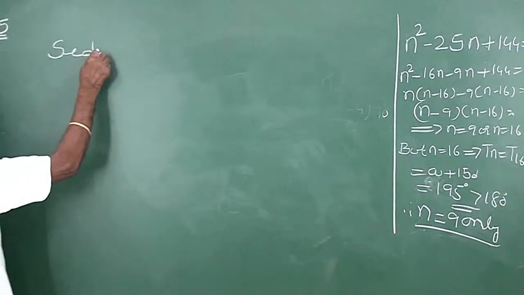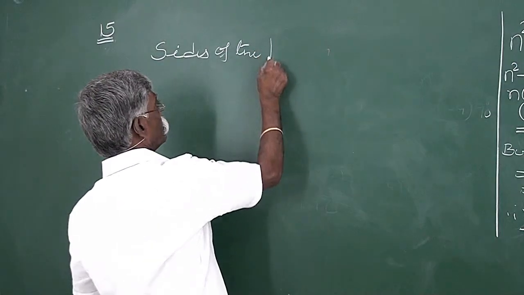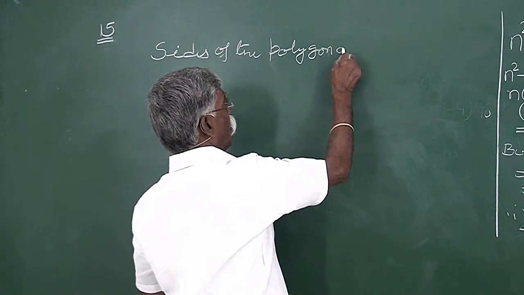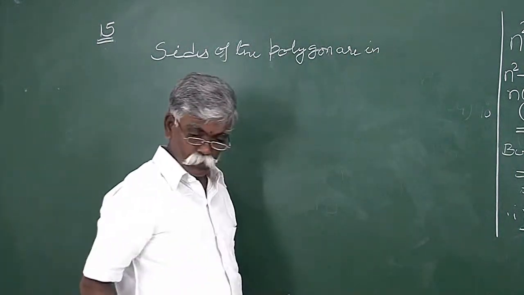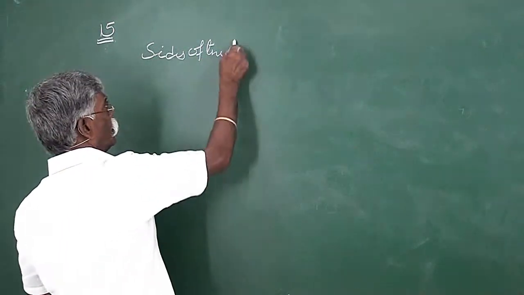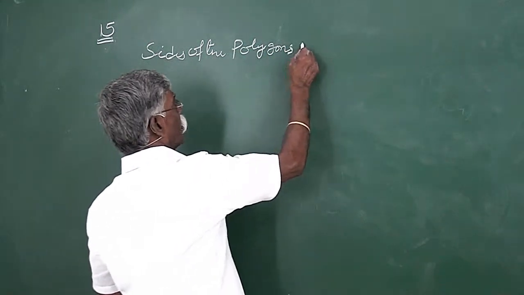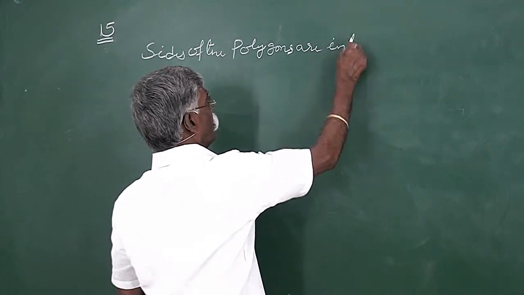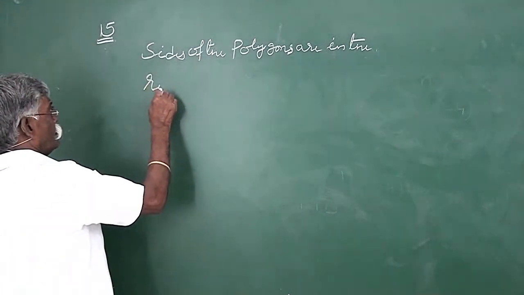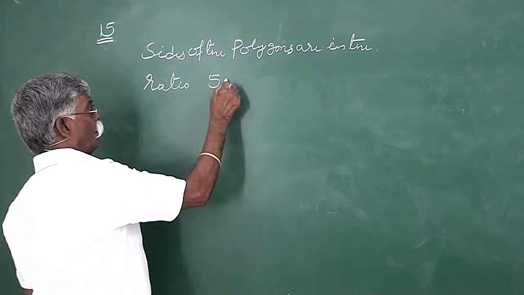Sides of the polygon are in the ratio 5:4.